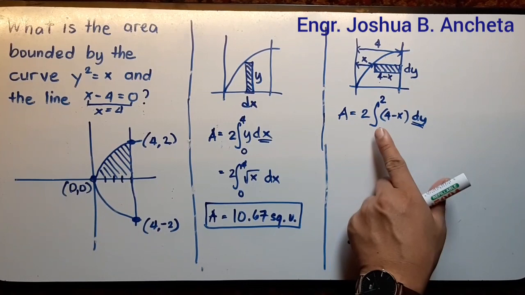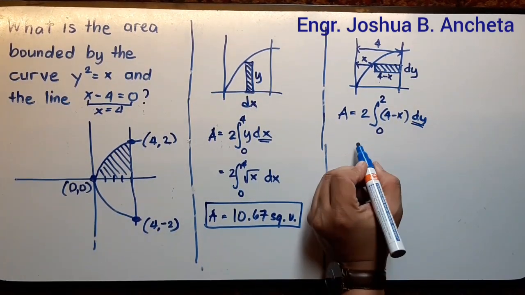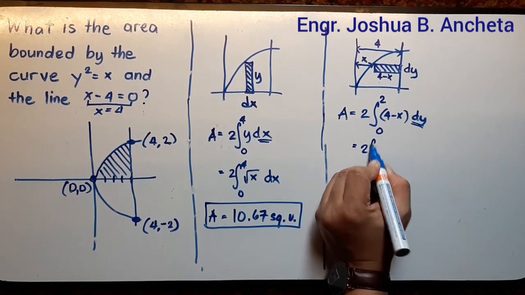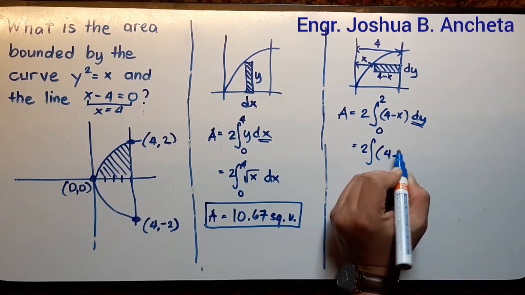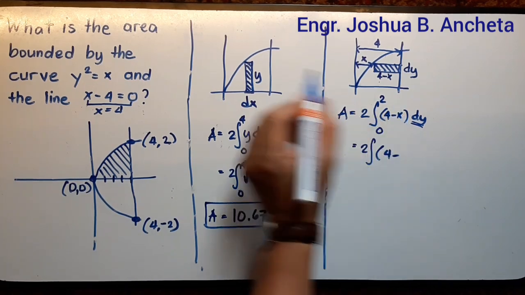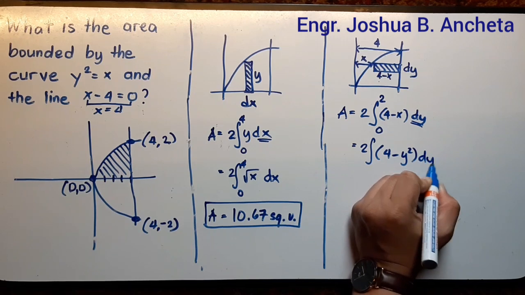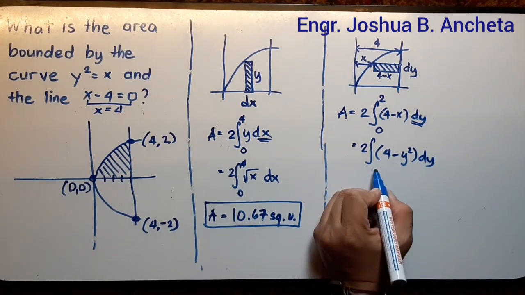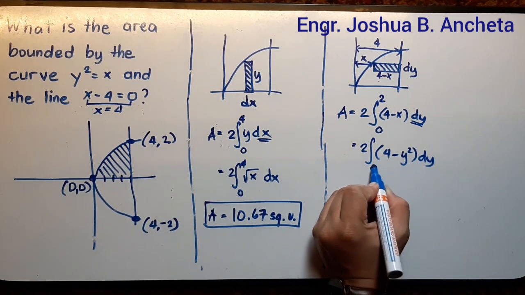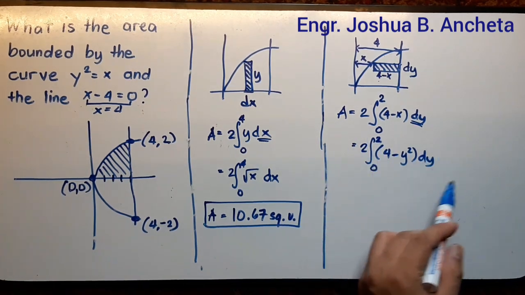And since we are integrating in terms of y, x should be in terms of y. So this is 2 integral of 4 minus x, and from the given equation, x is y squared, dy, and limits 0 to 2. Then, use your calculator to solve this.